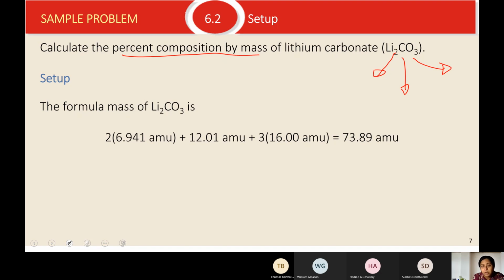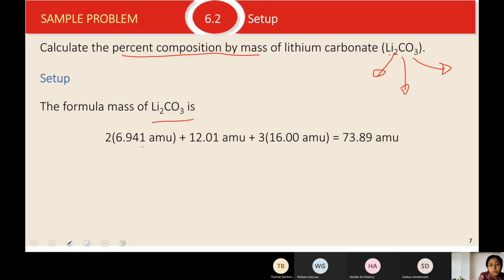The first thing, we need to calculate the formula mass of lithium carbonate. So we take the periodic table and we find the atomic masses of lithium, carbon and oxygen.